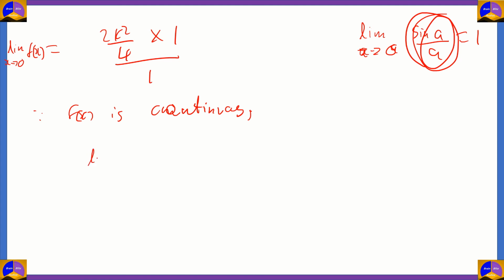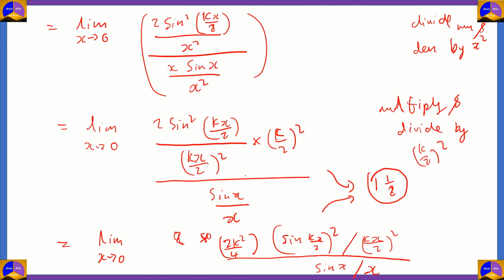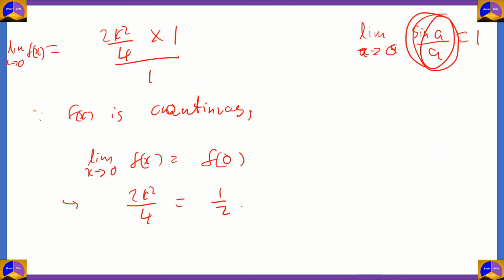So limit x tends to 0 f of x is equal to f of 0. So therefore 2k squared divided by 4 is equal to the value of the function at x equals 0, which is half. So 2k squared by 4 equals 1 by 2.